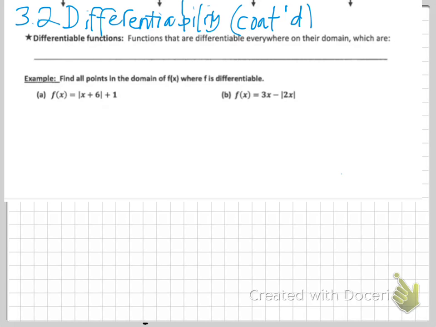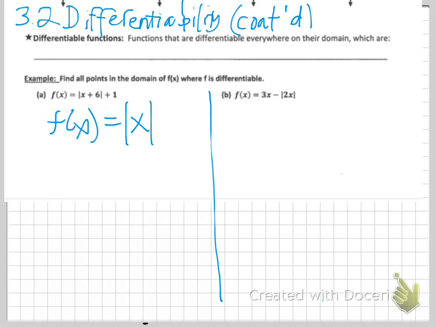Okay, so for a, if you think about an absolute value, it's most useful to think graphically for this problem. The parent graph is the absolute value of x, right? But right now we're shifted 6 units to the right and 1 unit up.